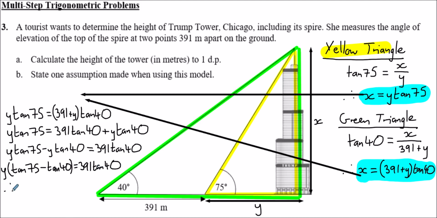So now we can solve this for y. So y is going to be 391 tan 40 divided by this thing in brackets. So 391 tan 40 divided by tan 75 minus tan 40.